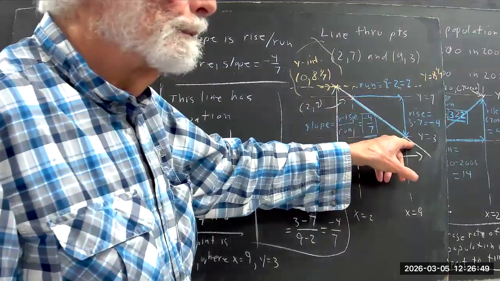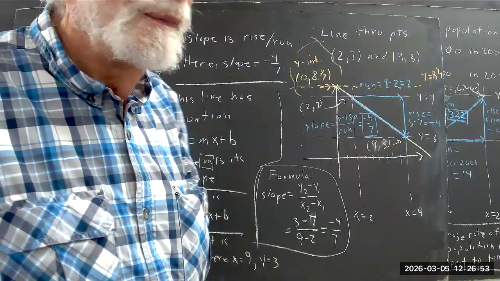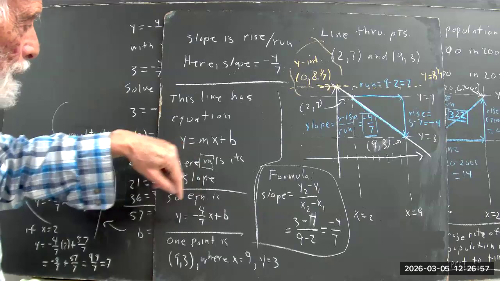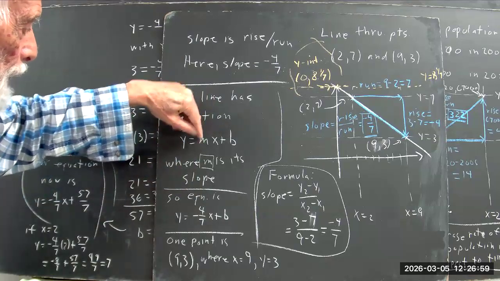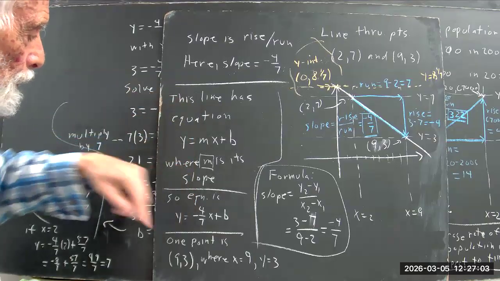Okay? So the full circle is, we find the slope, and we write y equals mx plus b, where m is the slope. The number in front of x is going to be the slope.